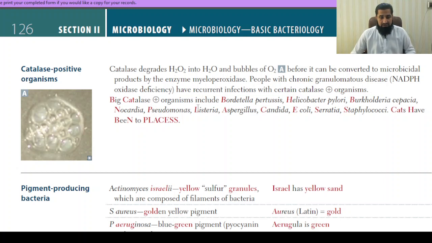Catalase positive organisms include Bordetella pertussis, Helicobacter pylori, Burkholderia cepacia, Nocardia, Pseudomonas, Legionella, Listeria, Aspergillus, Candida, E. coli, Serratia, and Staphylococci. How to remember catalase positive organisms?